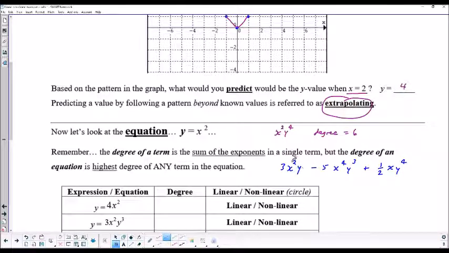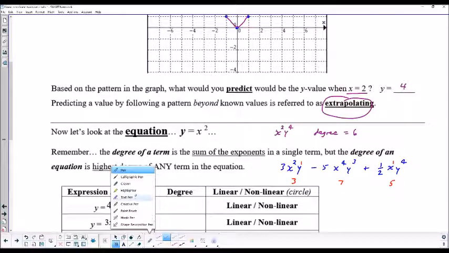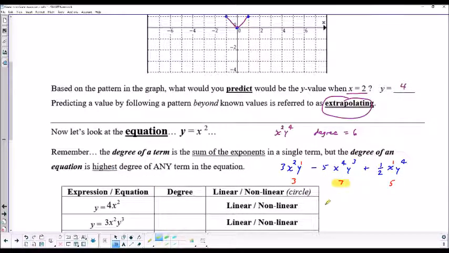The degree of this term is 3, because there's an exponent of 1 there that we don't see. The degree here is 7, because we're adding those two exponents. And the degree here is 5, because there's an exponent of 1 there that you don't see. So the degree of this equation is actually 7, because that's the highest degree of any of the terms in the equation.